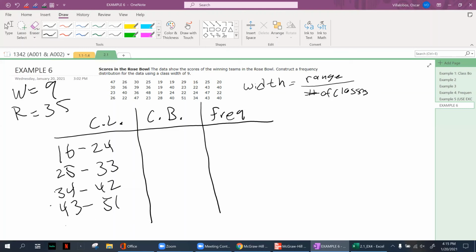And again, we're going to find our class boundaries. This is why the previous assignments, chapter 1, and the example we did in the beginning are very helpful, because they give us more practice for this part. So here I have 15.5 on the left-hand side and then 24.5.